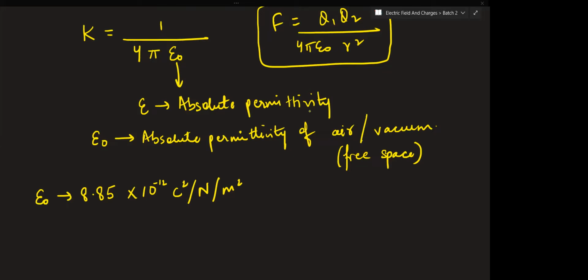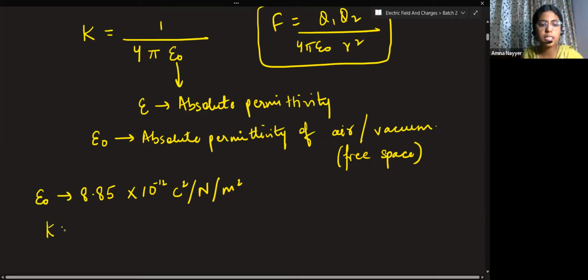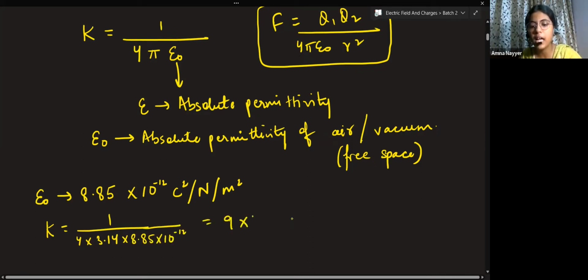So when you write all these values in K, 1 by 4, pi as 3.14, epsilon naught as 8.85 into 10 to the power minus 12, you get 9 into 10 to the power 9 Newton meter square per Coulomb square. So this is the value of K that you have.